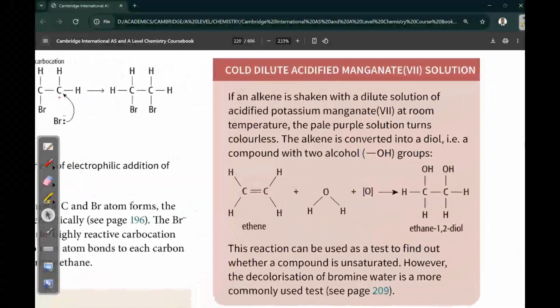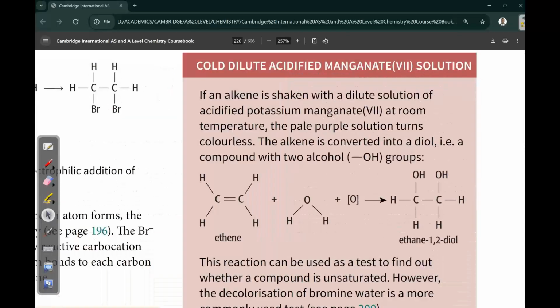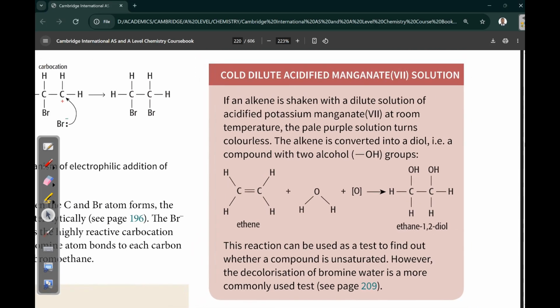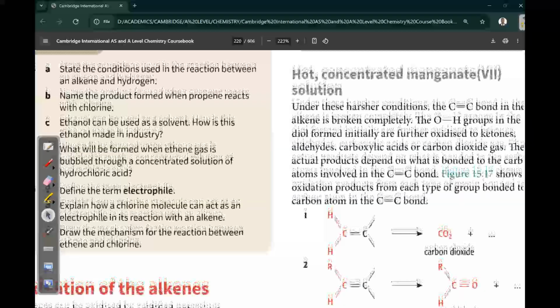Of course, if you use cold dilute acidified potassium permanganate, you are going to get a diol. Okay? If it is cold and dilute. But then if it is hot and concentrated, this is the one here.